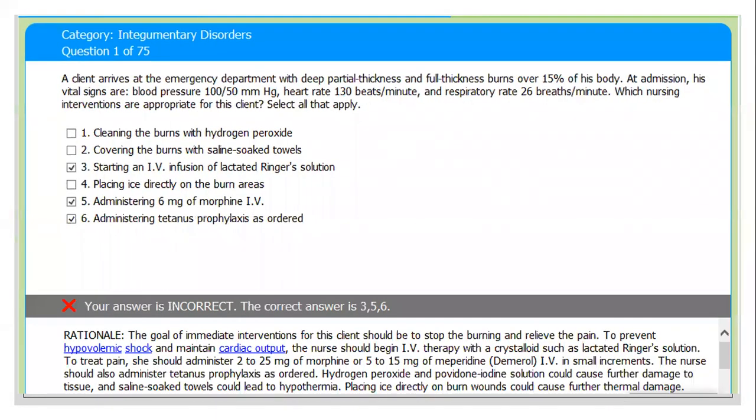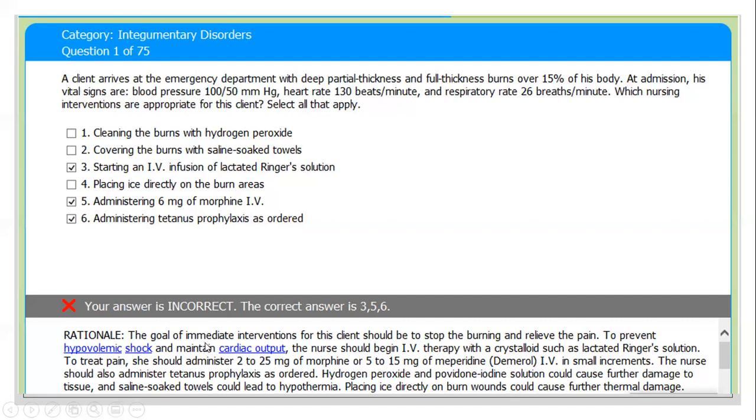So the correct answers here are numbers 3, 5, and 6. First of all, starting the IV infusion of lactated Ringer's solution is correct. Number 5 means 6 milligrams of morphine intravenous, and number 6, administer tetanus prophylaxis if ordered.